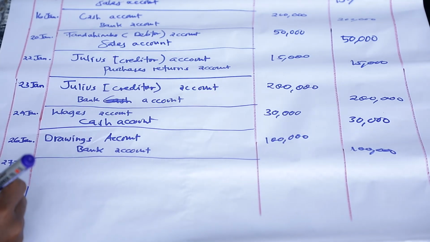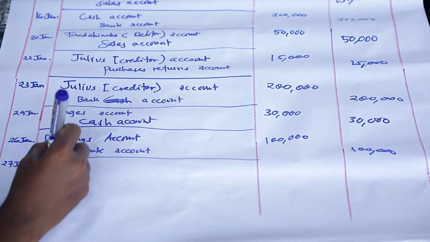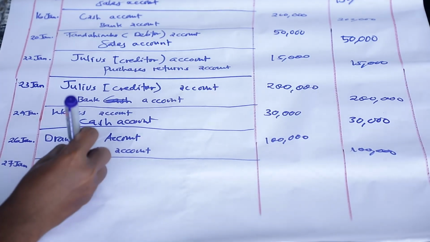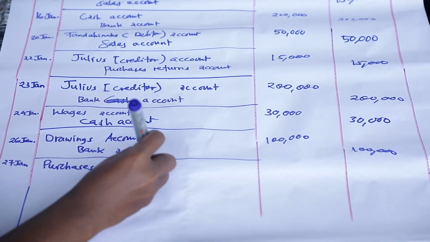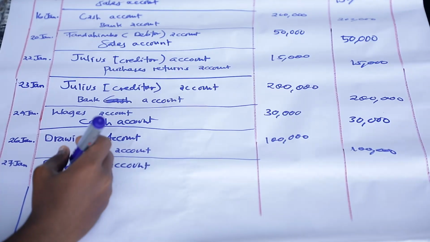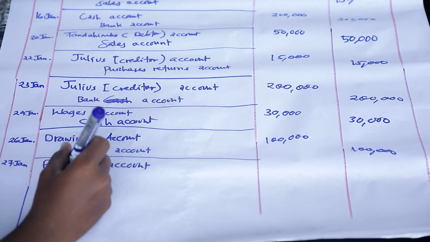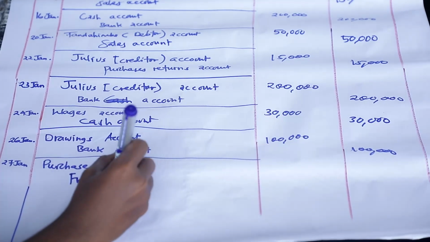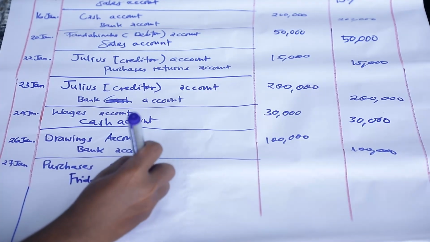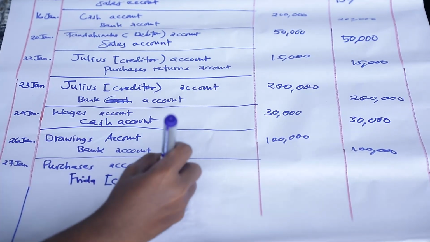So we're going to debit the purchases account and we should credit Frida account or accounts payable. So hapa inabidi ku-credit Frida or accounts payable au jina jingine tunaita creditors account.